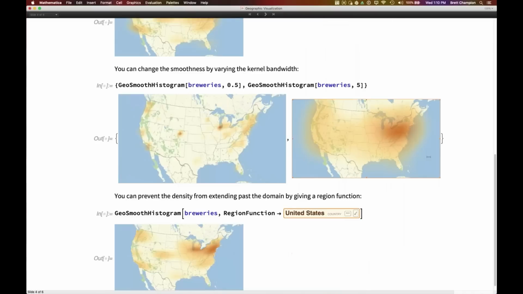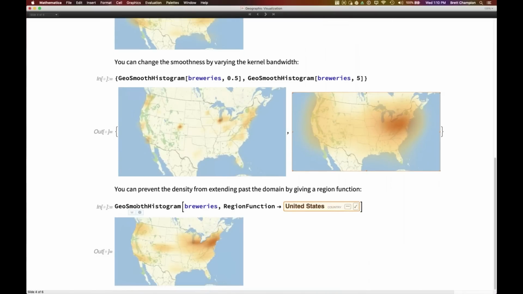And the other thing that we added for some of the geo functions, and I think we'll be flowing this back into more of the core sci-viz functions in the future, is making it easy to say via a region function that I want the plot restricted to the US.